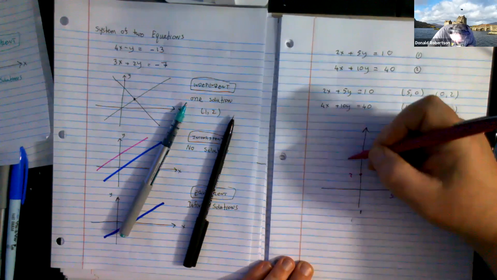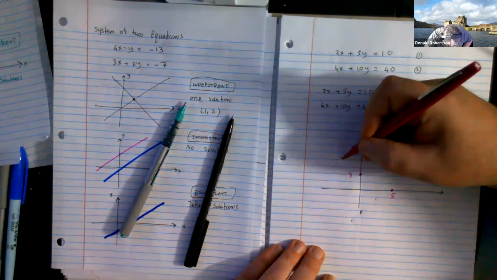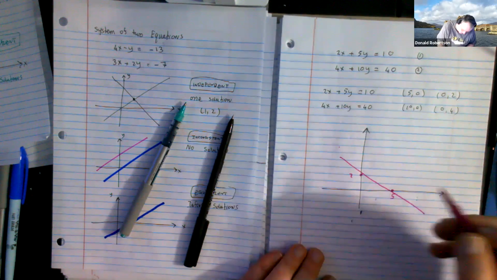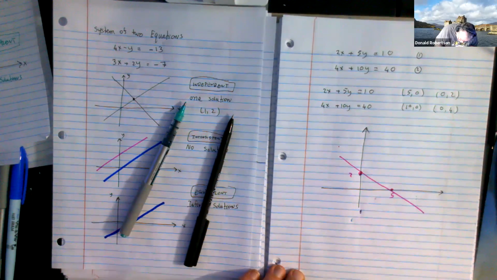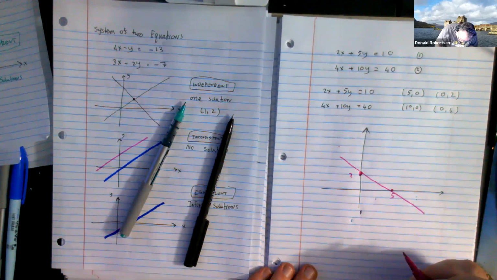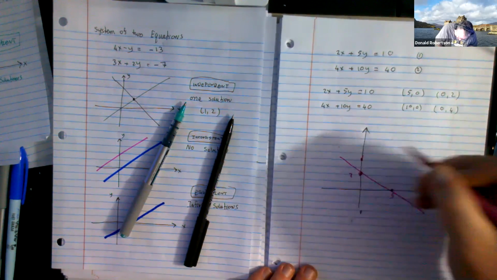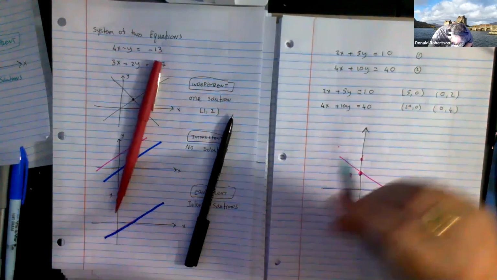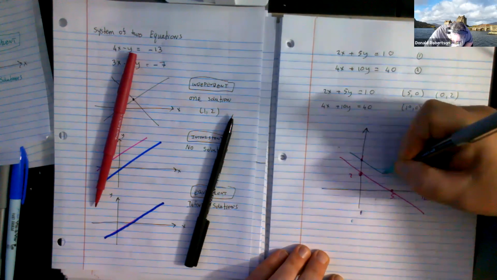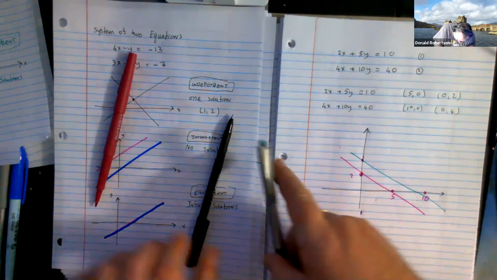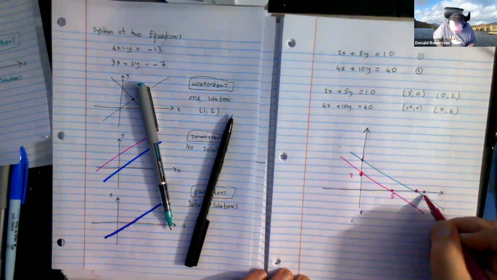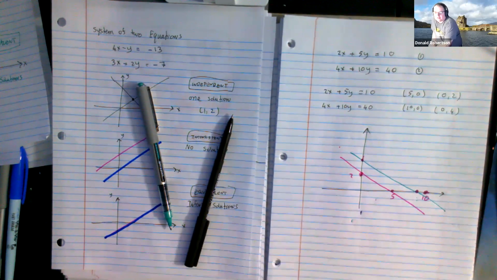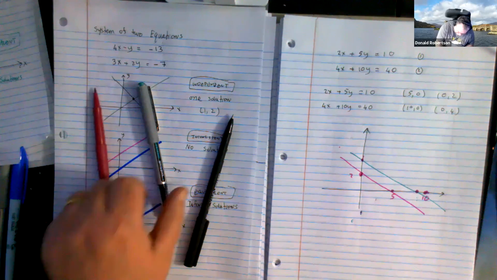The line goes something like that. And if you do 0, 4 and 10, 0, this would not be a problem in square paper. Can you see I've got 2 parallel lines? So what you have is inconsistent.